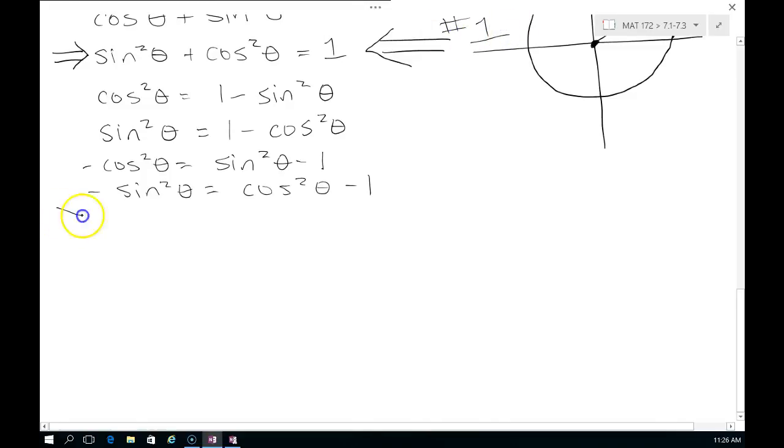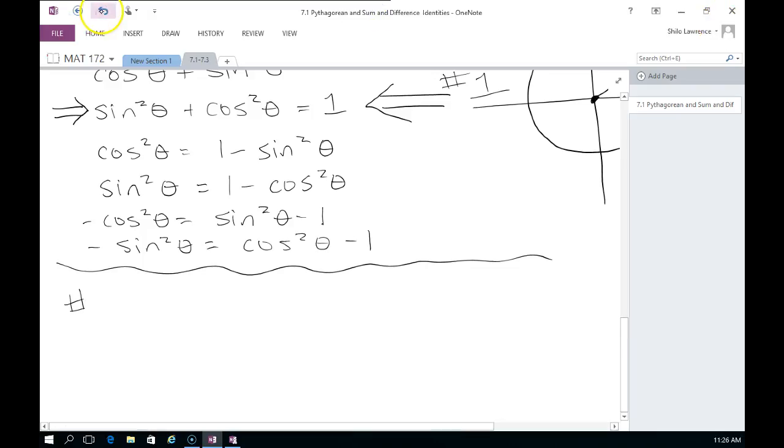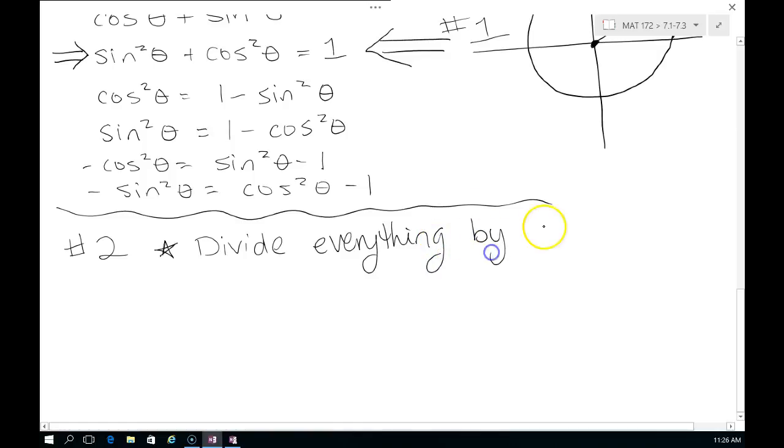For number 2, I am going to take my basic one and I'm going to divide everything by cosine squared. I'm just going to go through that equation and divide everything by cosine squared.